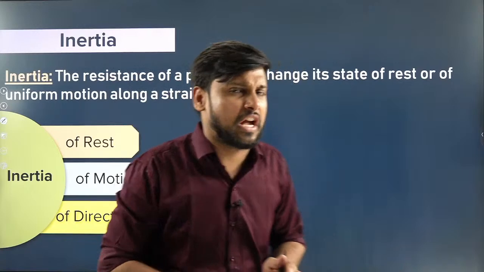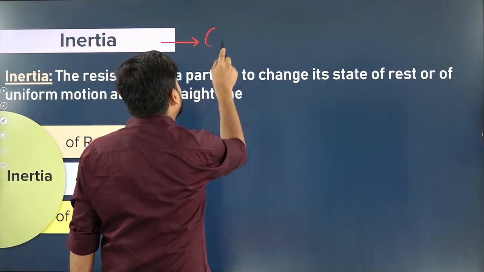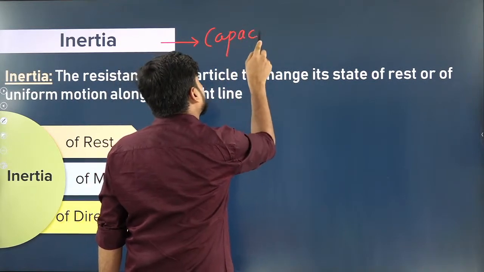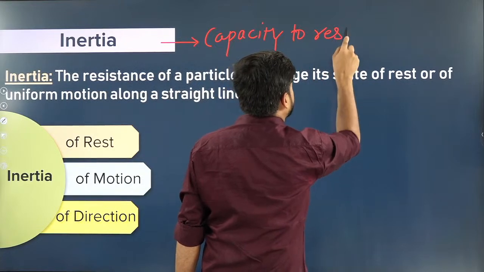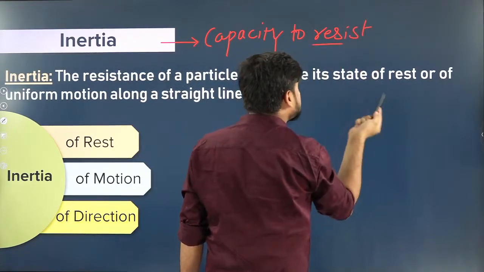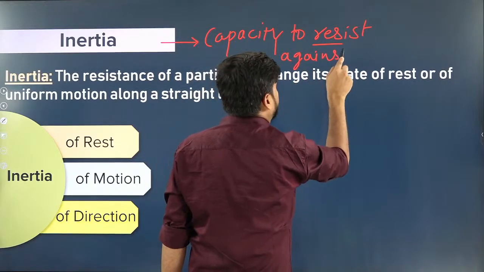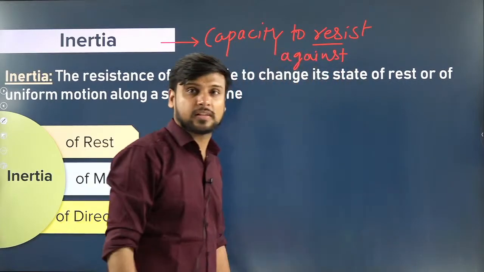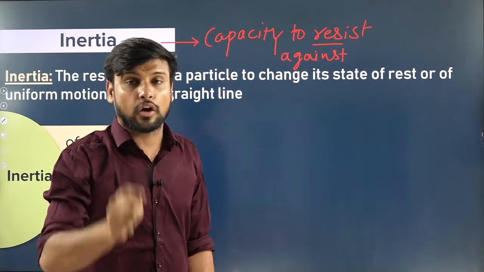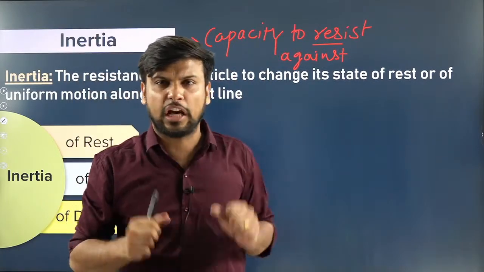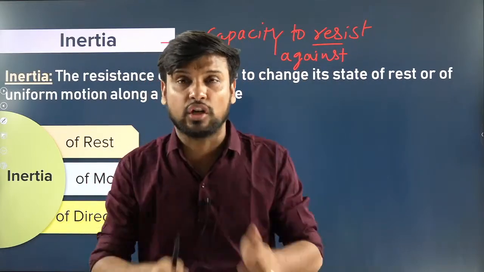So I can say that inertia is nothing but the capacity to resist against what? Against a culprit. Who is the culprit? That's a force. Force is someone who is going to change your state. If you are at rest, it will try to make you move.